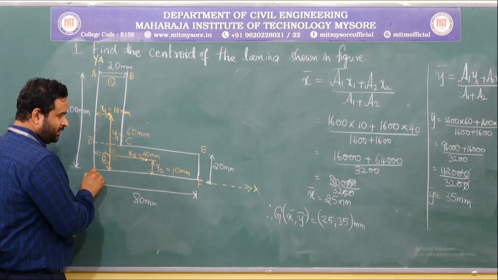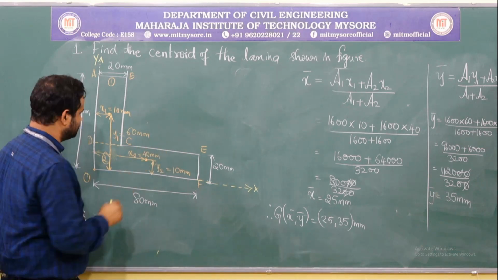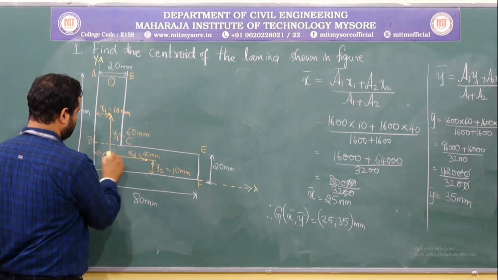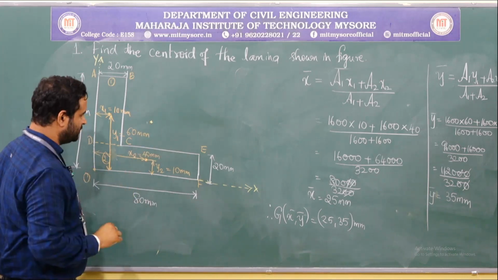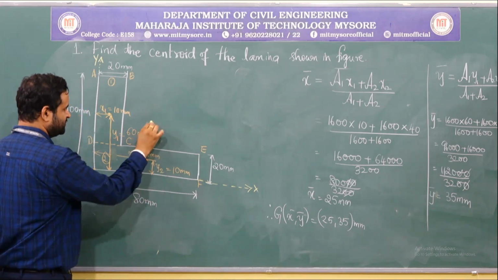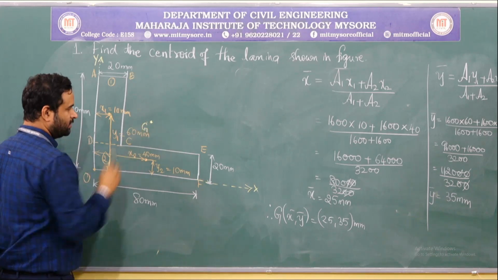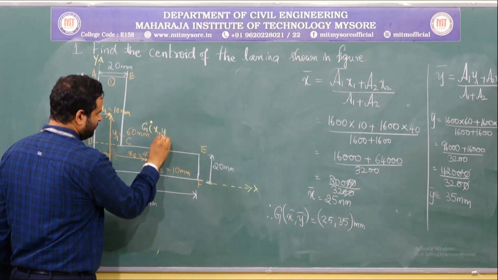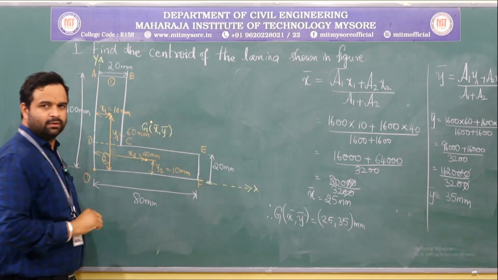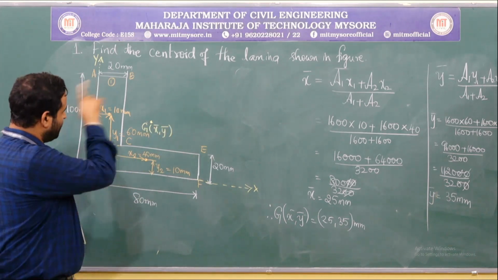So from point O, 25 mm in x, so somewhere here, and y 35, 20 plus 15. So this is the centroid G of x bar comma y bar. This is the centroid of the lamina.